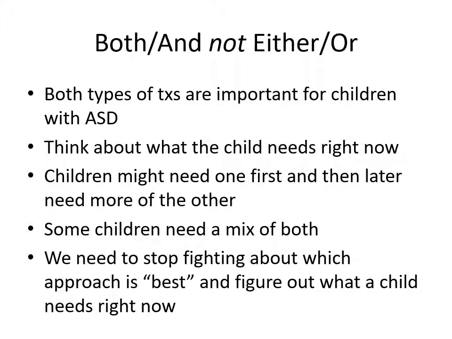And so we need to be more cognizant of what this child needs, because remember, it's not about us, it's about the kid, it's about what the child needs most right now. Then we need to be willing to revisit that later on and say, well, maybe this treatment has worked really well, but maybe it's not exactly what the child needs right now.